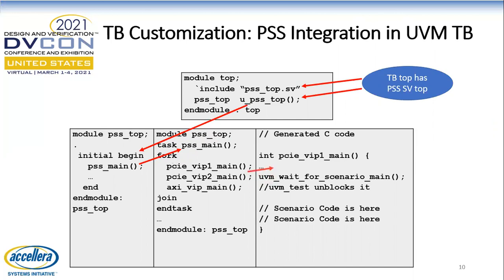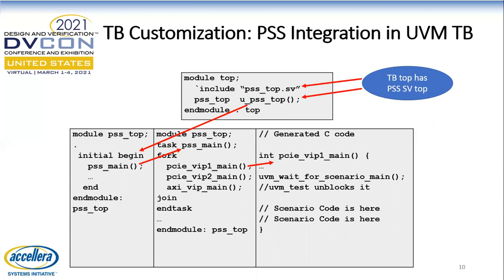Here I would like to take the example of PCIe VIP 1 main. Here you can see that the PCIe VIP 1 main is called from PSS SV top, and the implementation is in the generated C code, as you can see on the right hand side. In the generated C code, you can find UVM wait for scenario main. It loops and waits for a call from the UVM test run phase.